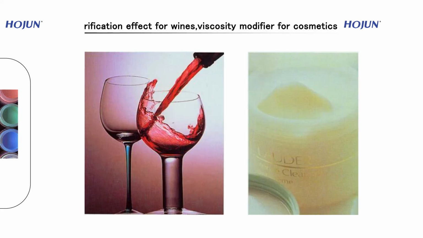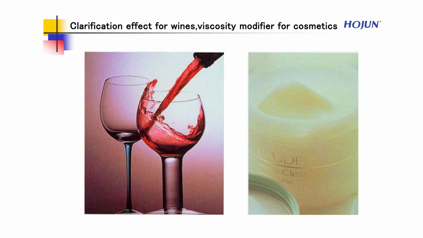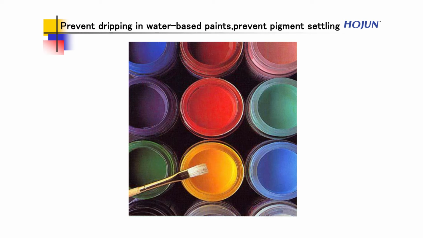Applied as an absorbent, for example, it can be used as a clarifying agent to absorb and remove impurities in wines due to the large surface area of bentonite. Applied as a viscosity modifier, for example, it can be used as a viscosity modifier for cosmetics, as an anti-drip agent for water-based paints, and as an anti-settling agent for pigments.